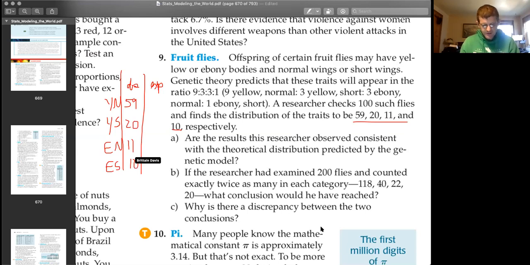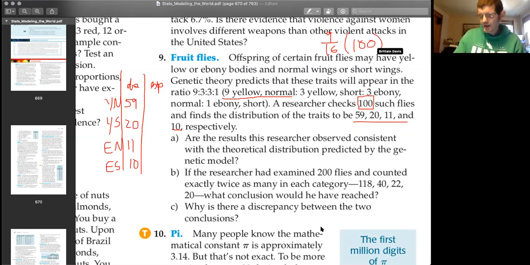The expected values, we have to get right. The ratio is 9 to 3 to 3 to 1. That means out of 16 possible outcomes, 9 of them should be yellow and normal. So if there were 100 flies that we were checking this against, the distribution should be 9 out of 16 times 100.